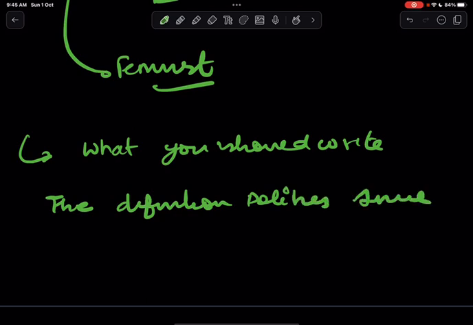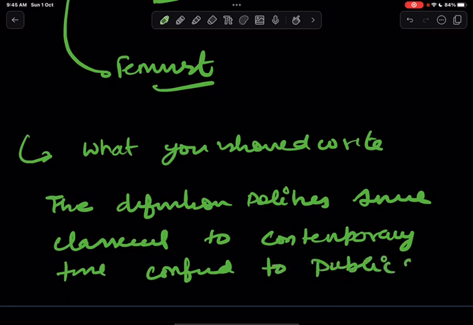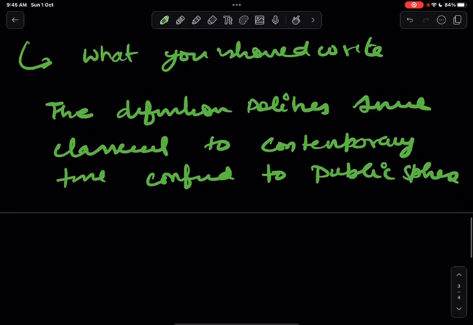Since classical to contemporary time, politics was confined to the public sphere, excluding the personal domain.